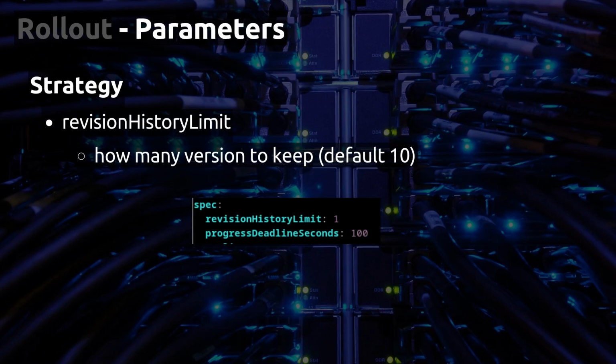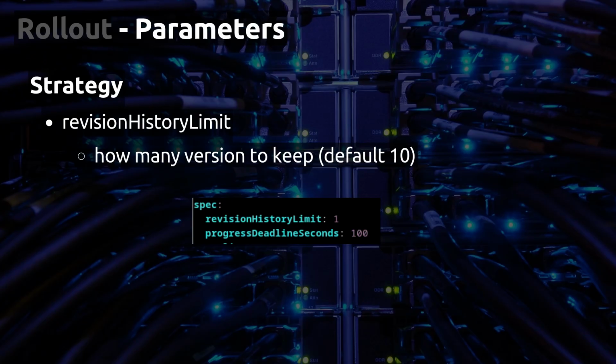After that, and we will see it just after with a little demo, you have the revision history limit. It's another part of what the deployment provides. The deployment allows you to roll back and to keep the previous versions of your deployment.